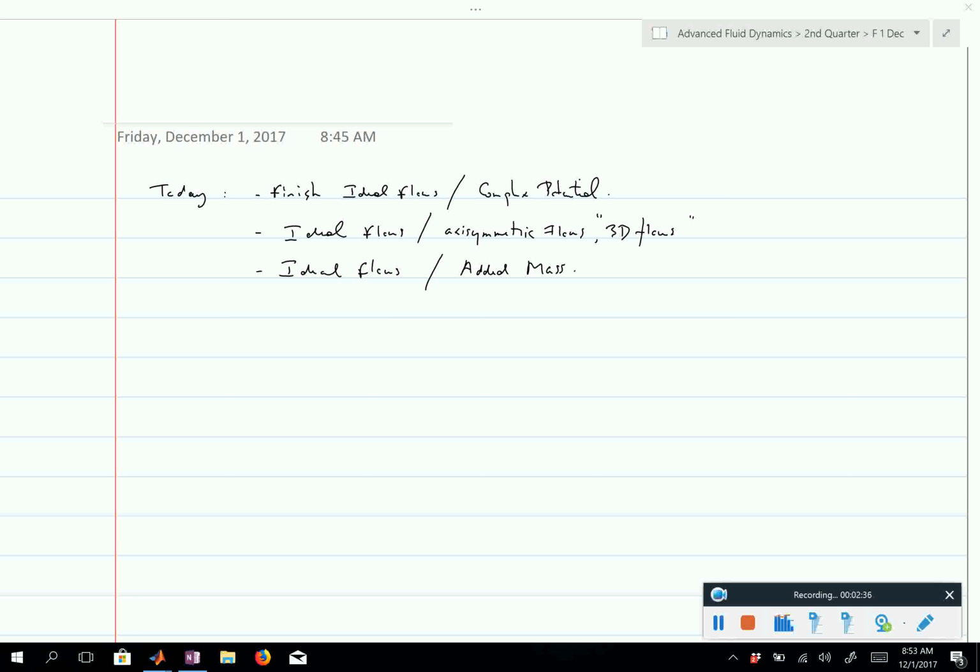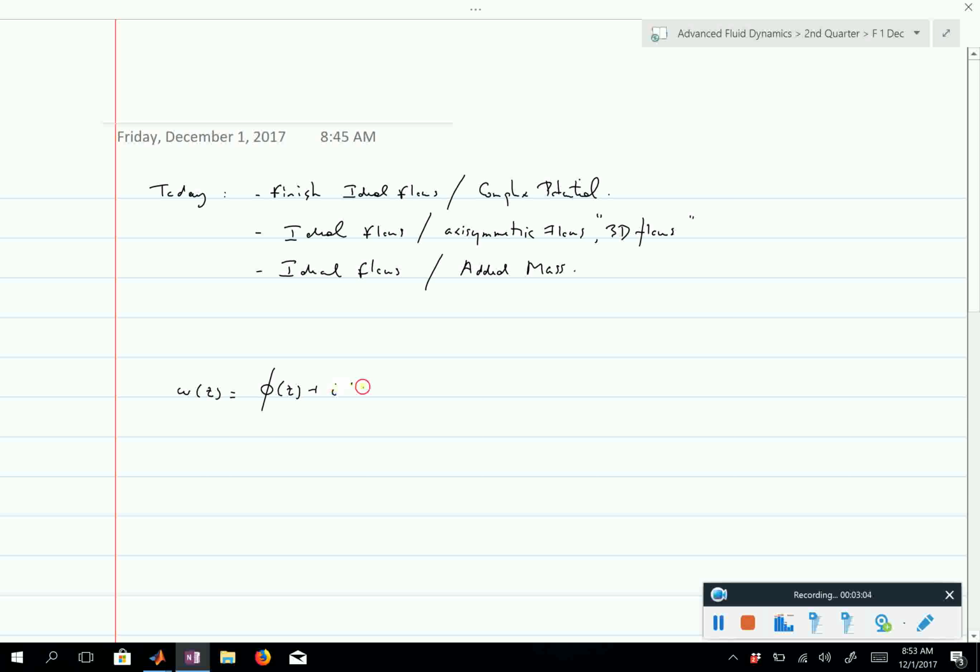And remember that when you have a potential, let me just write that down. Our complex potential: the thing you have to remember is that the real part of the complex potential is the same function as the potential we discussed before. So if you took the gradient of this function, you would get the velocity field.